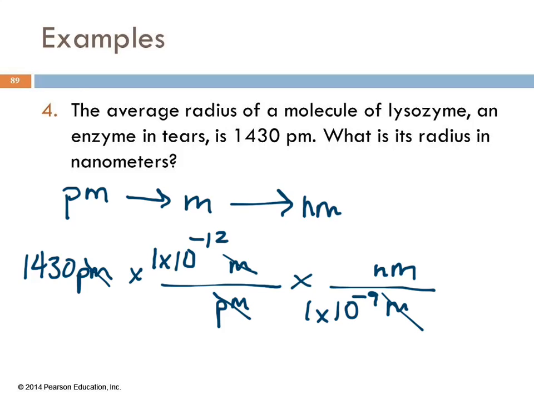And I come up with 1.430 nanometers. With something like pico, you're going to have to use scientific notation because your calculator doesn't have that many places. Something like milli, where it's 0.001, you could do it that way. But I think overall the factors of 10 work out much easier.